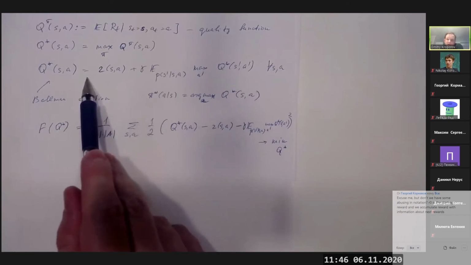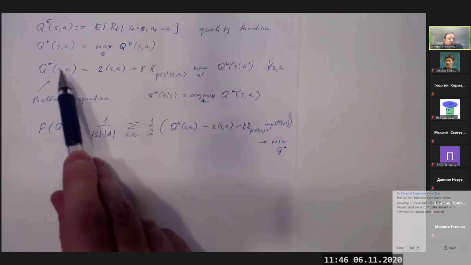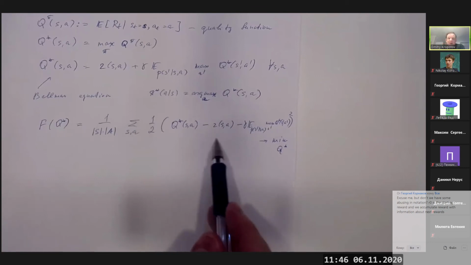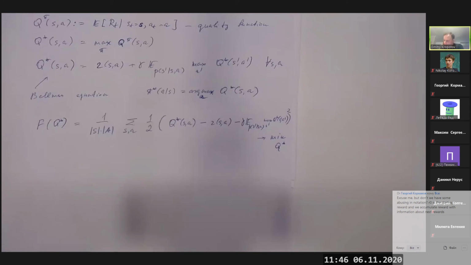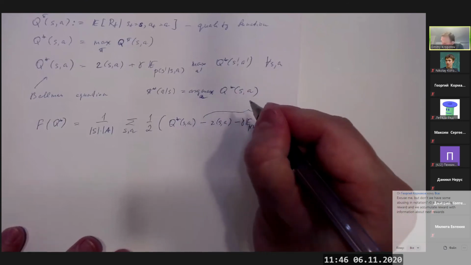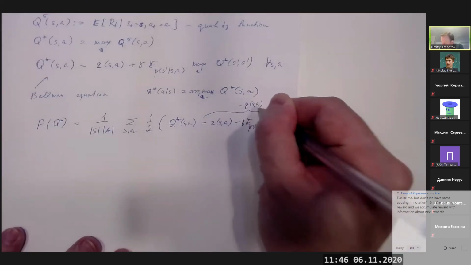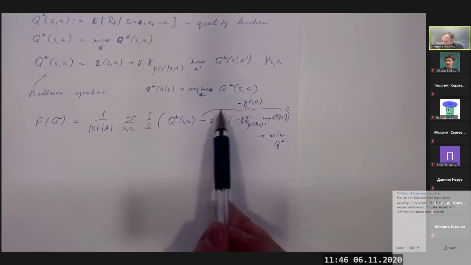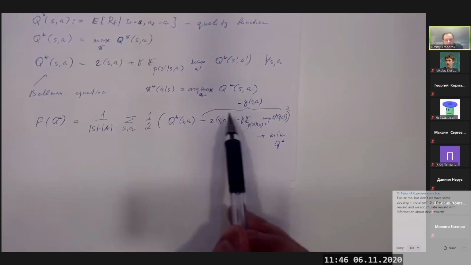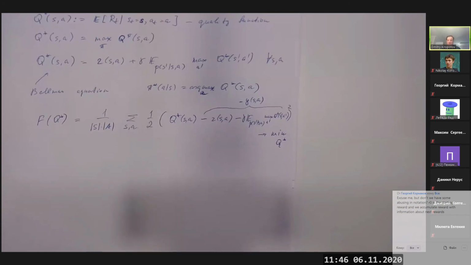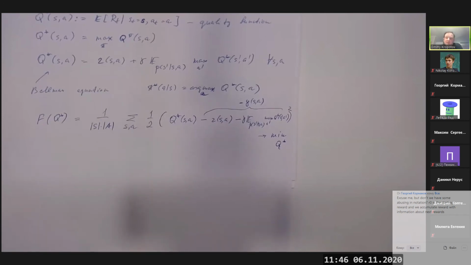So here we have a set of nonlinear equations: Q star is equal to some function that depends on Q star. And we transform it to a mean squared error problem. What is written here is some kind of target y SA, and we would like to make Q star at a particular state and action close to this target for all possible states and actions. So this is an equivalent transformation.